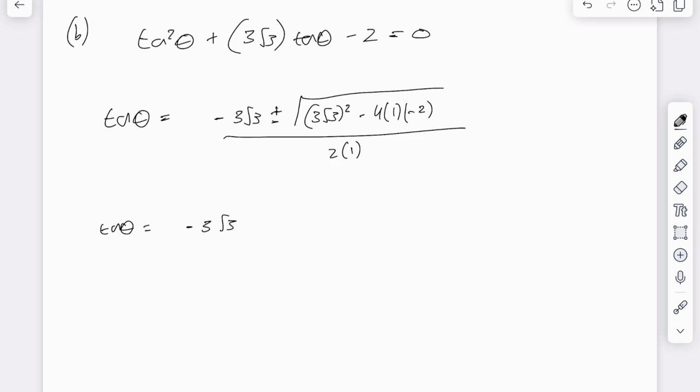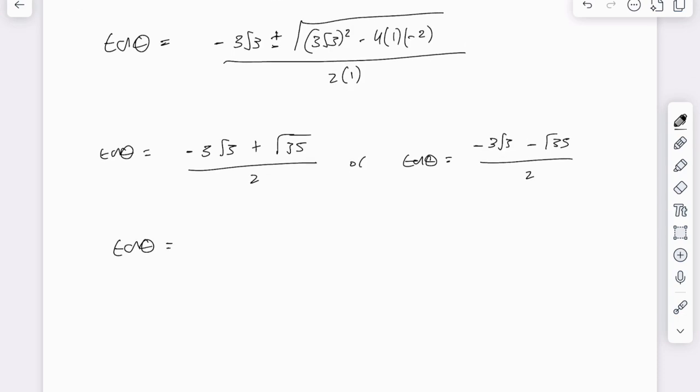So tan theta is therefore going to give me negative 3 root 3 plus root 35 over 2, or tan theta is going to equal negative 3 root 3 minus root 35 over 2. Okay, so therefore tan theta is equal to 0.35996. So theta is equal to 19.8 degrees.